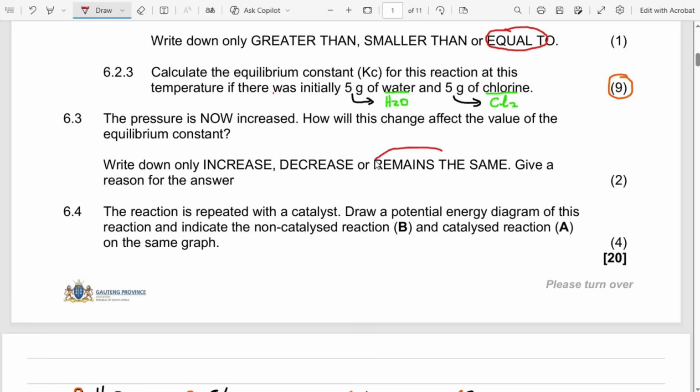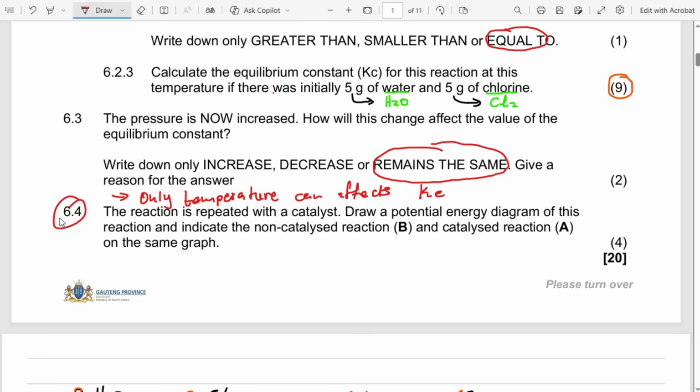The value of the Kc will remain the same because only temperature affects Kc. So the answer for this one, give a reason: only temperature can affect Kc. And that's it for this one.